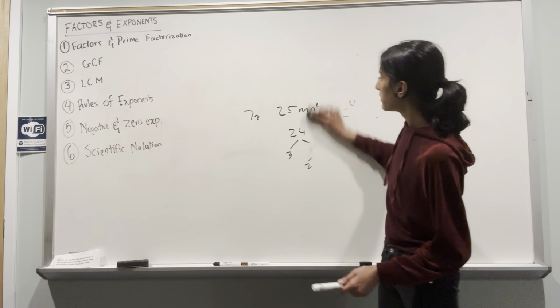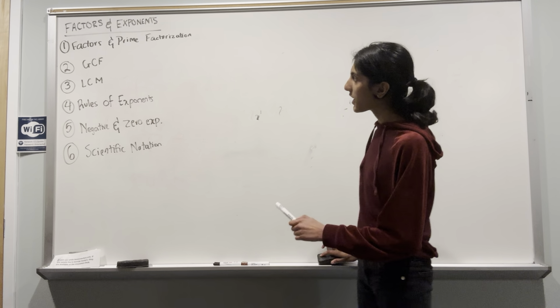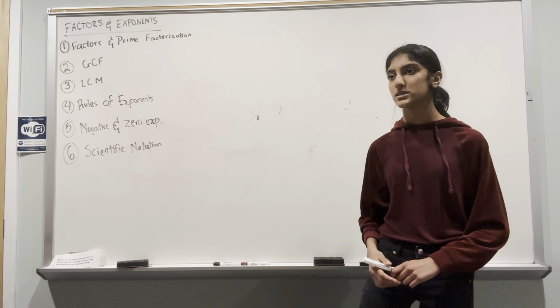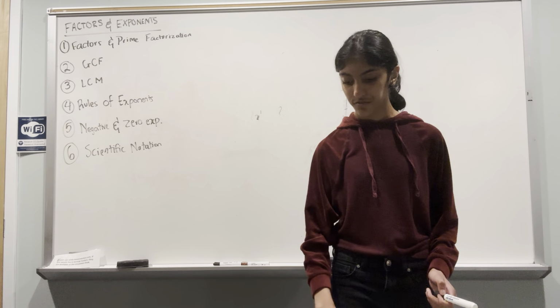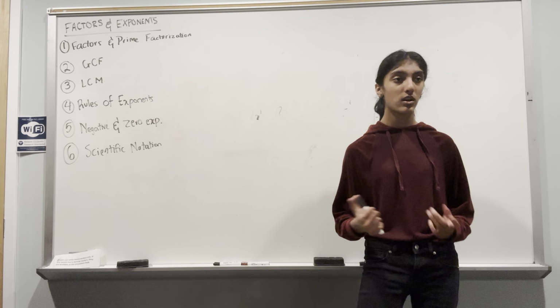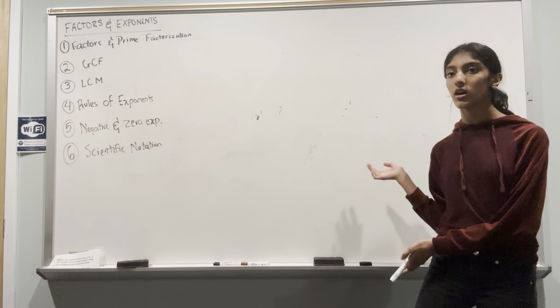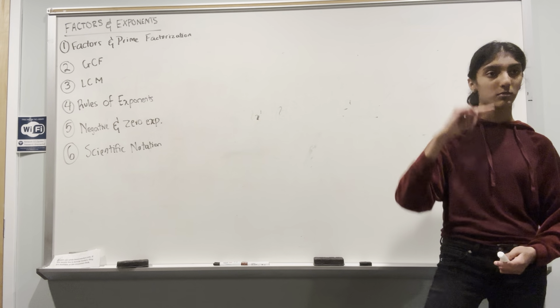So moving on, since we covered our factors and prime factorization, we're going to be looking at GCF, which stands for greatest common factor. So a common factor is when you list out the factors of two numbers and they have the same factors.